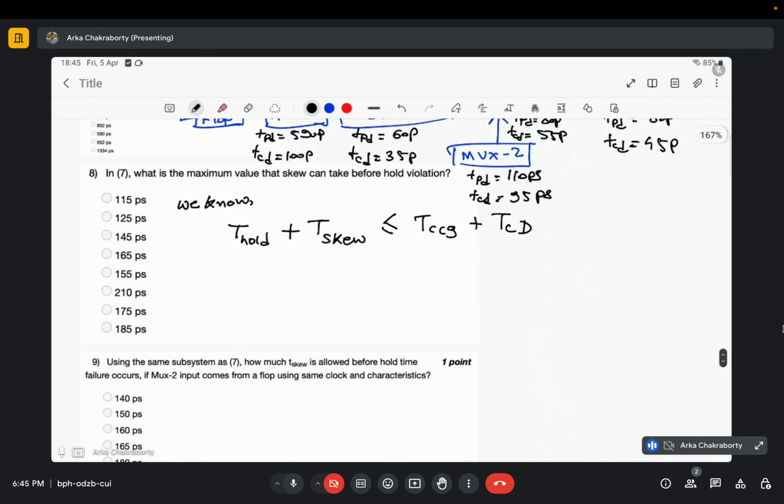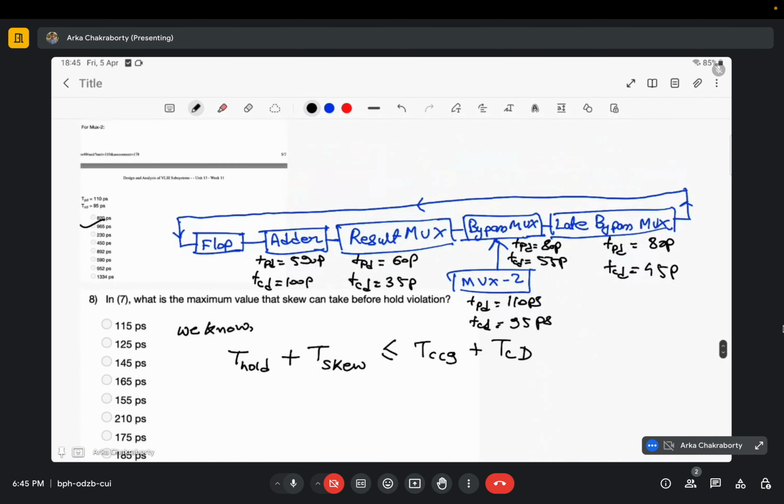Now as nothing has been mentioned, though this mux 2 is also being timed by another flop here, if I consider that the same kind of flop was used, then I have to consider TCCQ also.